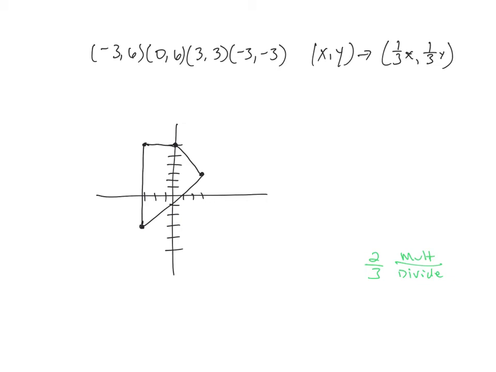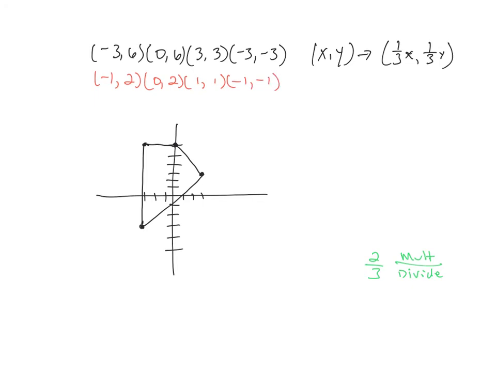So -3 divided by 3, -1. 6 divided by 3, 2. 0 divided by 3, 0. 6 divided by 3, 2. 3 divided by 3, 1 and 1. And then -1 and -1.